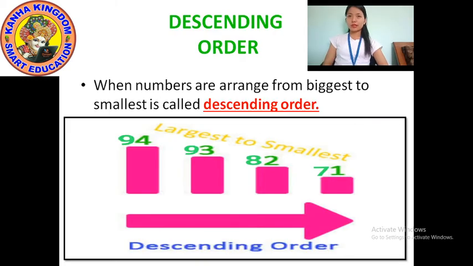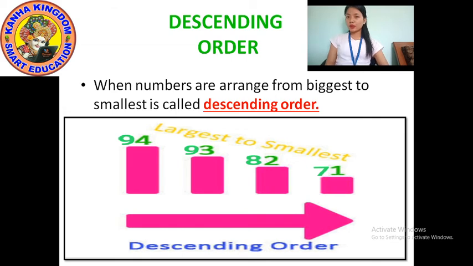Now we are going to learn about the second type of ordering of numbers, that is descending order. When numbers are arranged from biggest to smallest, it is called descending order. When the numbers are arranged from largest to smallest, or biggest to smallest, it is called descending order. Okay, see the picture of descending order: 94, 93, 82, 71.